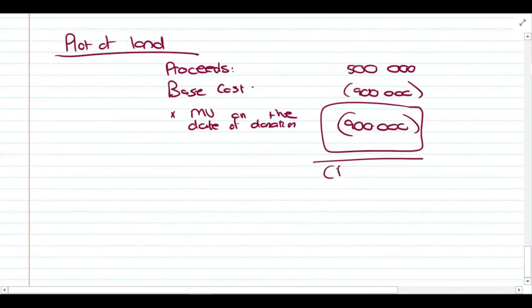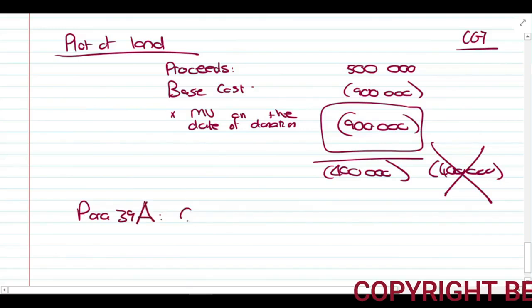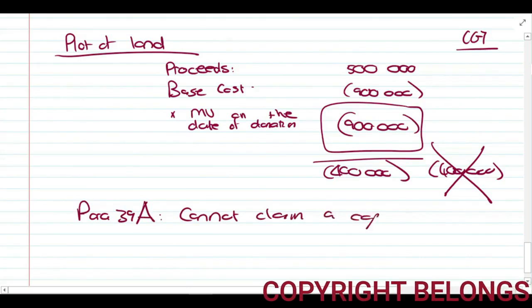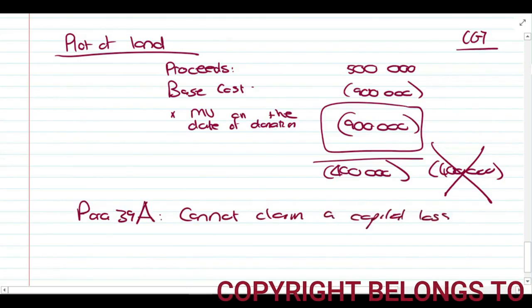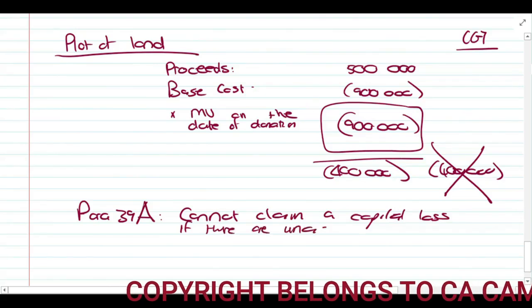So you make a 400,000 rands capital loss. Now again, if this is my column, I want to go and put it in there. But now I'm not allowed to. Why? Because paragraph 39A says you cannot claim a capital loss if there are unaccrued amounts.